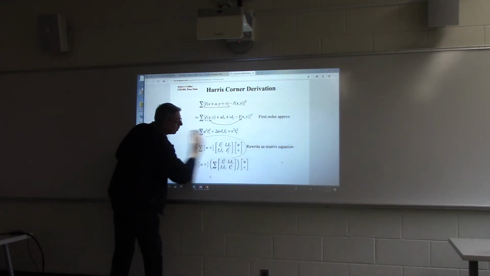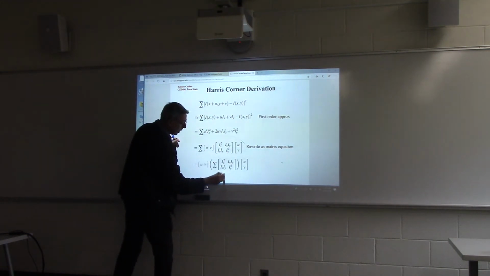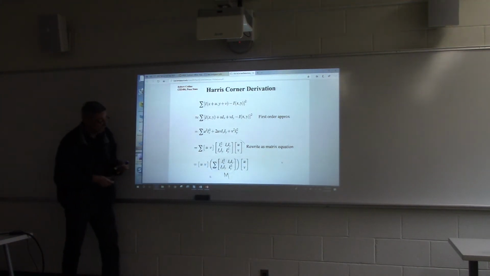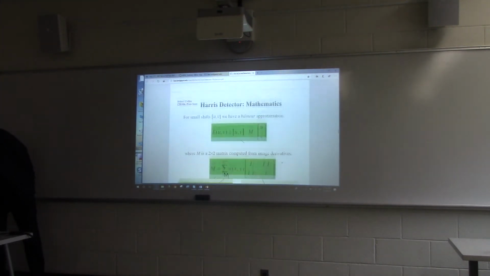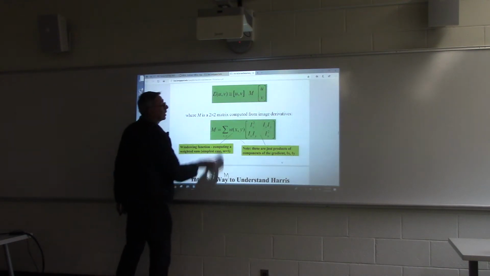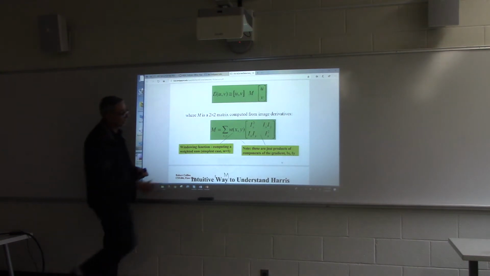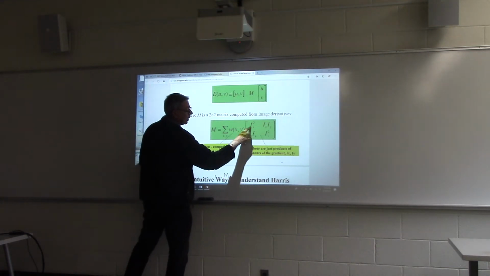Okay, now on the next page, what the author will do is call whatever we had in the middle some matrix M. So M is basically this, Ix squared and so on. So once again, what is Ix?